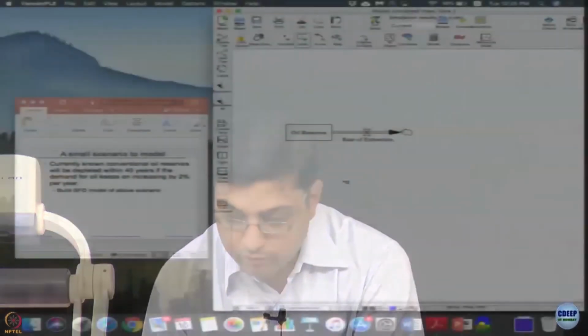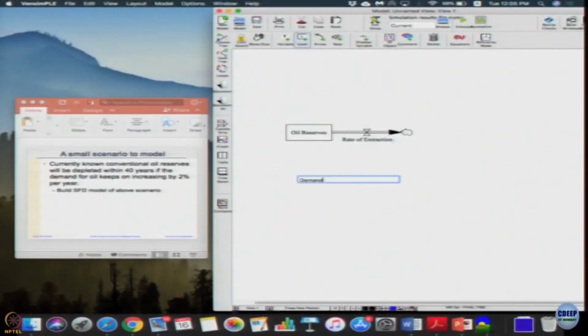So, let us define demand and then change in demand. Demand is changing 2% per year. So, this is fraction per year.